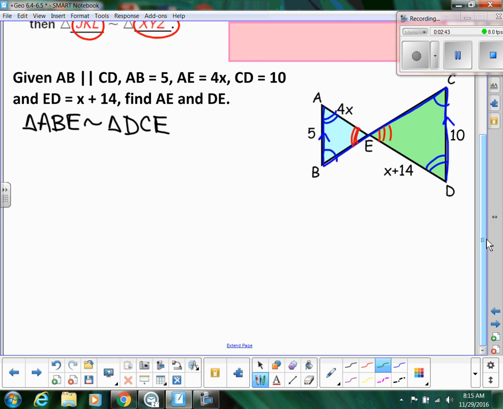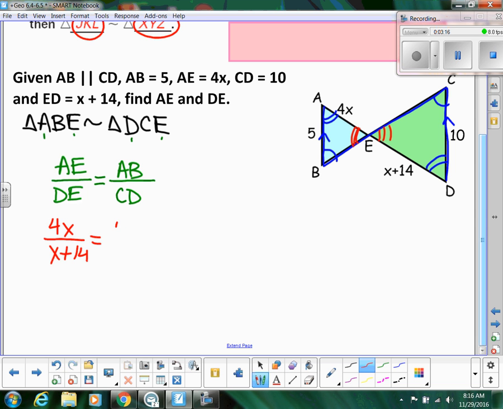AE over DE should be proportional to AB, which is 5, corresponding with CD, which is 10. So 4x over x plus 14 should be equal to 5 over 10. We can cross multiply.